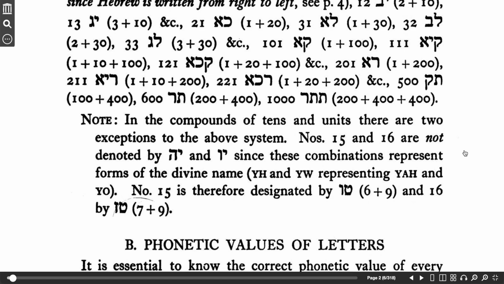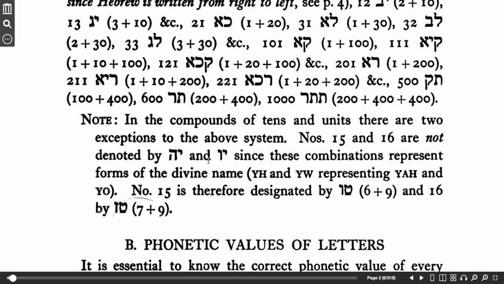Now, note this: in the compounds of tens and units, there are two exceptions to the above system. Numbers 15 and 16 are not denoted by this combination. Why is that? Because these combinations of letters form what was called the divine name. There was a Yod-Heh, and Yod-Vav, representing Yah and Yo, and so it became the designated divine name for Yahweh.